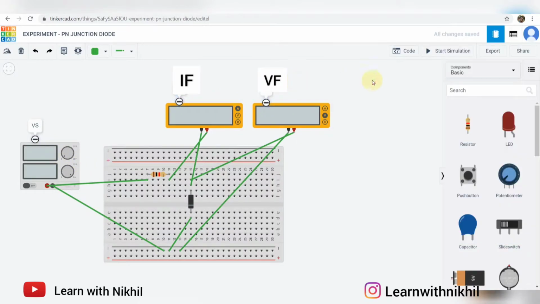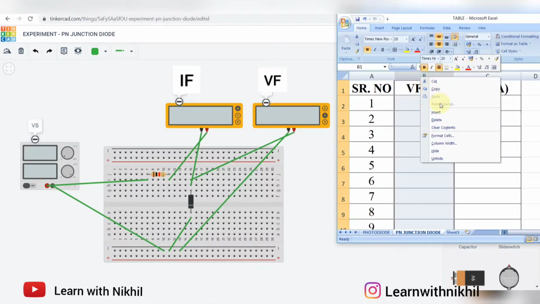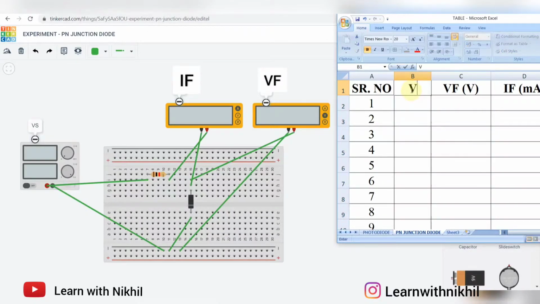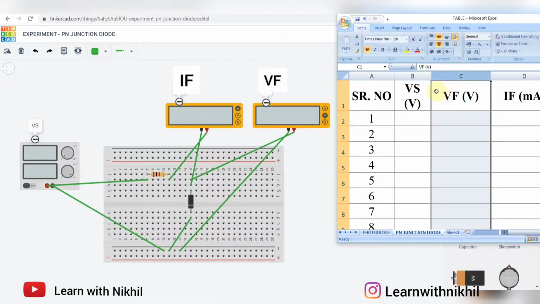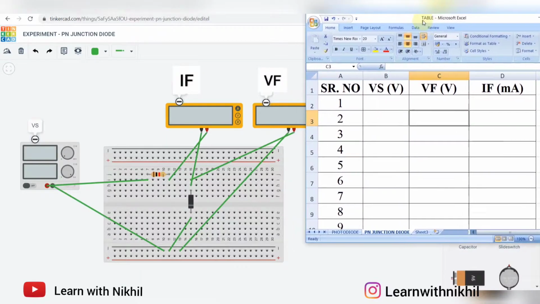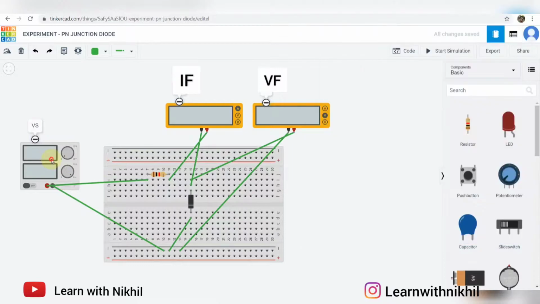I'll just update and add one more column, that will be Vs. So I'll insert a column and I'll write here Vs, that is supply voltage, because we are varying the supply voltage and we have to find out or write the values of VF and IF. So according to this updated table, now I'll note down the readings.